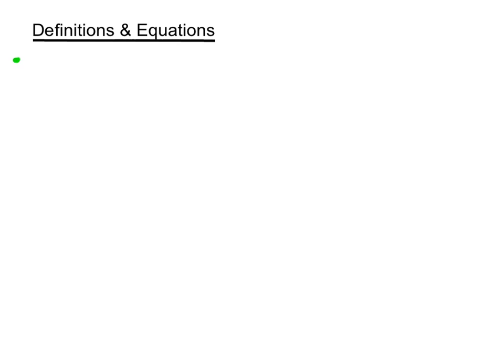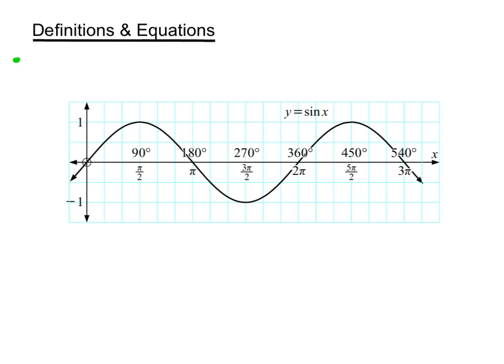Now let's take a look at the sine function again. Notice that the maximum value is 1. The minimum value is -1. And the principal axis is just the primary x-axis, so y equals 0.